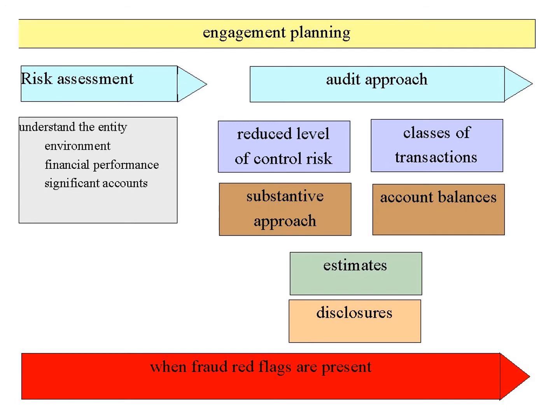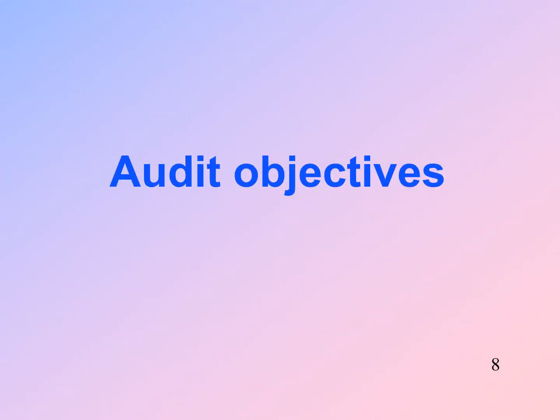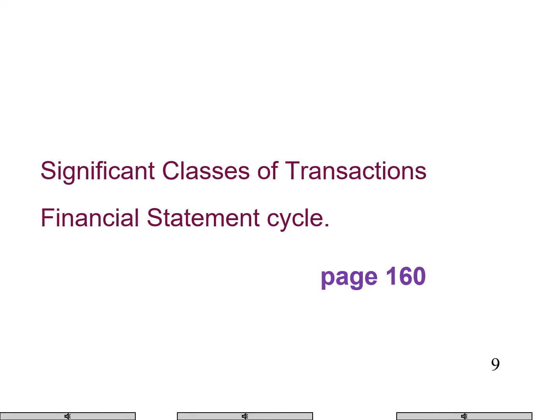Fraud is a whole different game. Audit objectives: Tad's going to treat the assertions as kind of surrogates for our audit objectives. Hopefully you'll start seeing that, but they're very, very important.